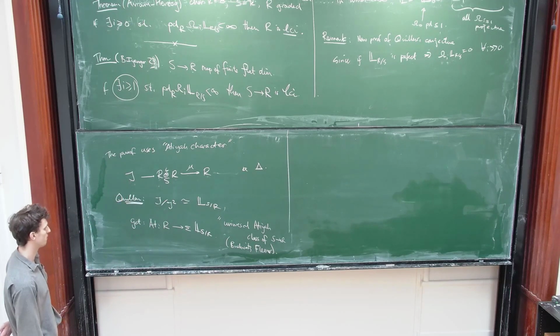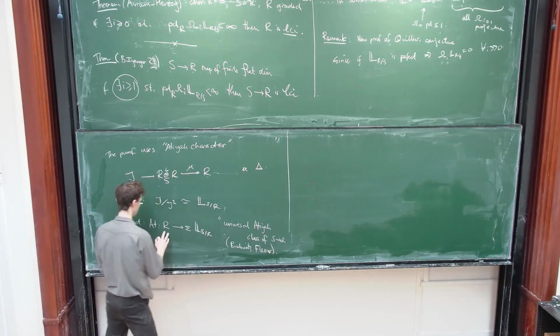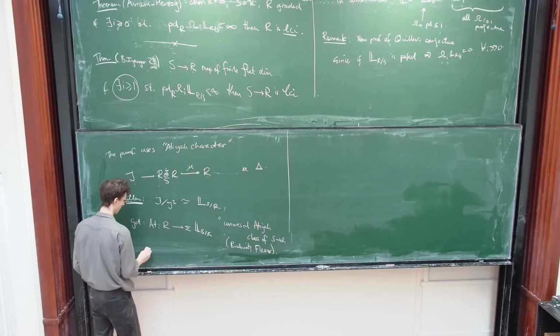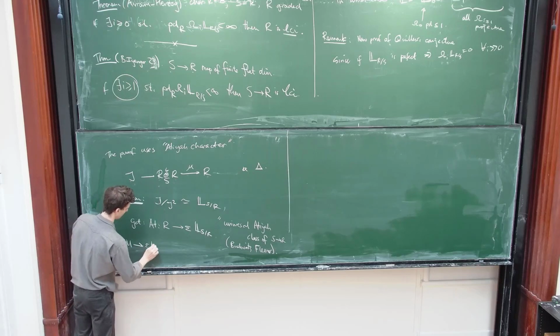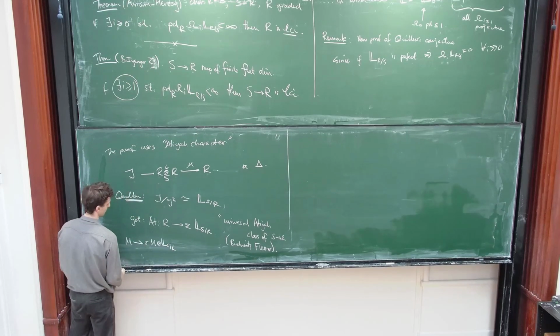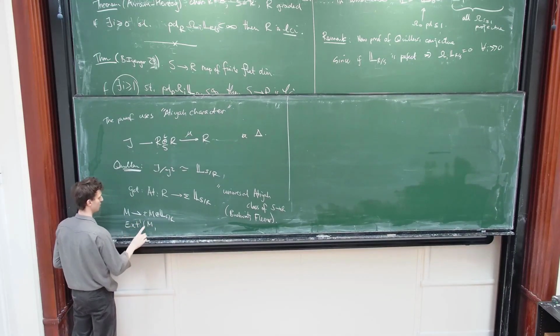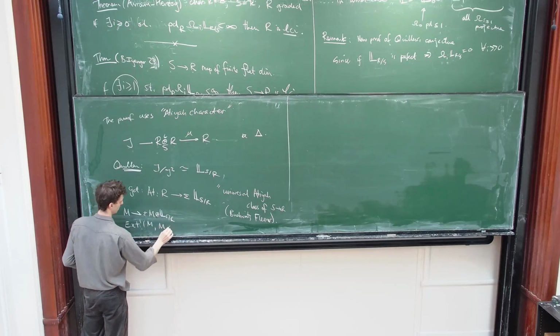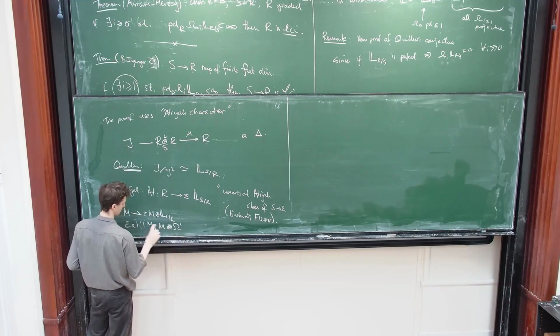The name comes from these Atiyah classes which show up. If you tensor this with a module, you get a map from M to the suspension of M tensor L, which you can think of as a class in Ext^1 from M to M tensor L, degree 0. If M is a module, you just get this.